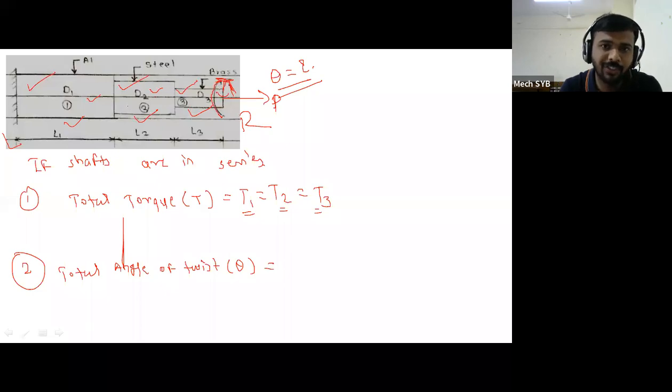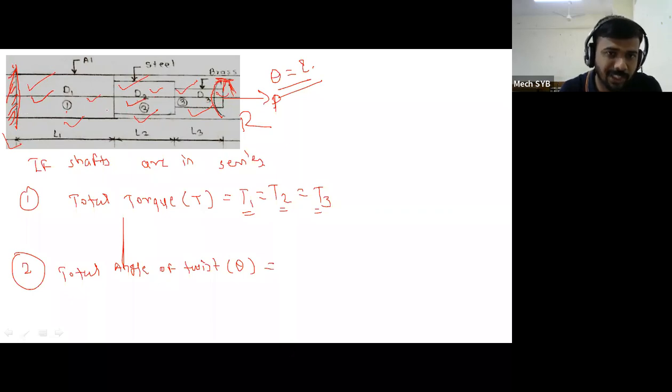So maximum twisting is taking place at the free end. त्याच्यापेक्षा थोडं सेंटरला आणि त्याच्यापेक्षा कमी फिक्स्ड आहे, कारण हा फिक्स्ड साइड आहे, म्हणजे काय करते, इट इज अपोजिंग टू द ट्विस्टिंग मूवमेंट. देयरफॉर मिनिमम अमाउंट ऑफ ट्विस्टिंग इज टेकिंग प्लेस इन द अल्युमिनियम, पेक्षा थोडं जास्त स्टील मध्ये, आणि स्टील पेक्षा जास्तीत जास्त ट्विस्टिंग इट इज टेकिंग प्लेस ऍट द ब्रास मटेरियल. Therefore, the twisting is always maximum at the free end and it is less at the center point and it is very less at the fixed side.